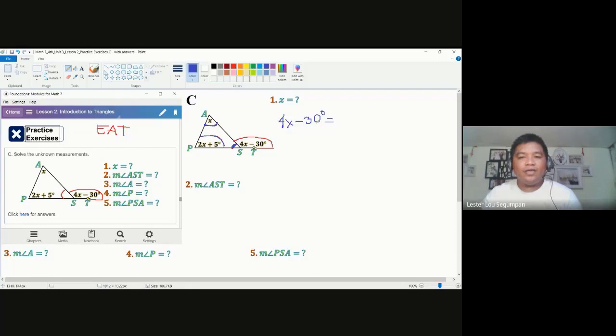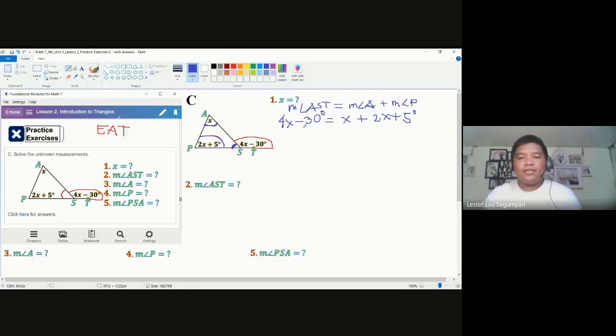So we have x plus 2x plus 5 degrees. In symbolic form, the measurement of the exterior angle AST is equal to the sum of the measurements of angle A and angle P as given here.